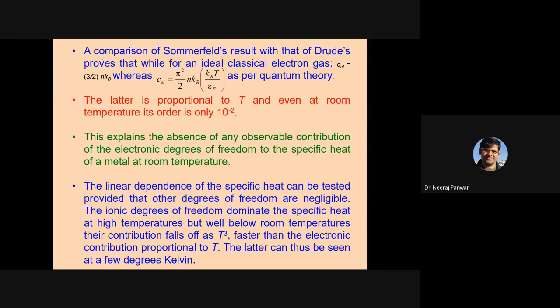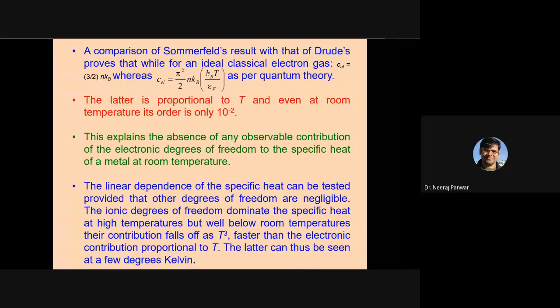Now, a comparison of this result with that of Drude proves that while for an ideal classical gas, electronic specific heat is 3 by 2 N kB, we have just derived this relation C_EL is equal to pi square by 2 N kB times kBT divided by epsilon F as per the Sommerfeld quantum free electron theory.